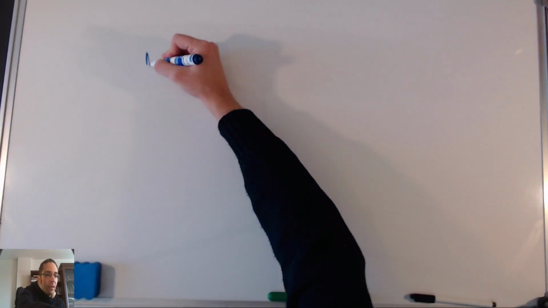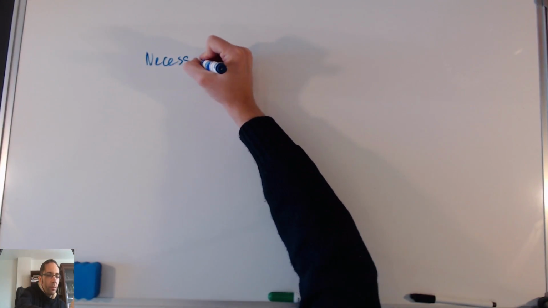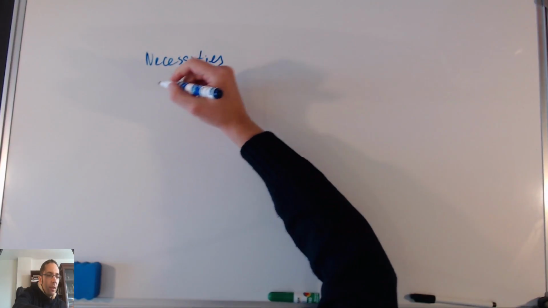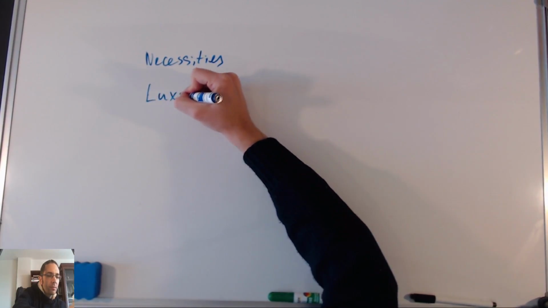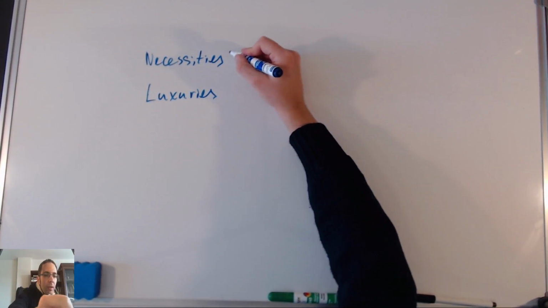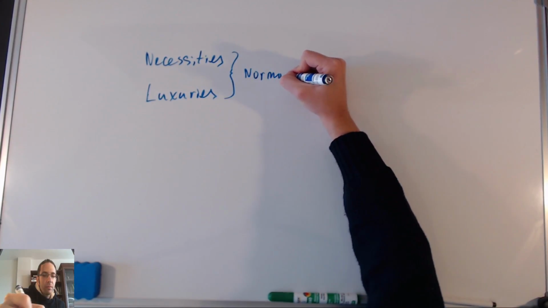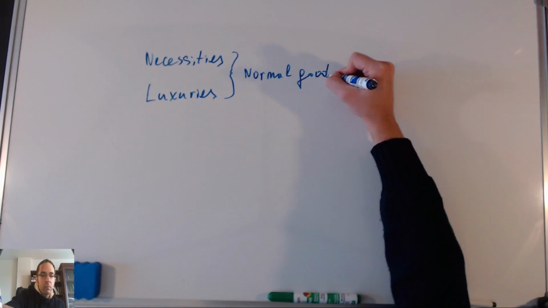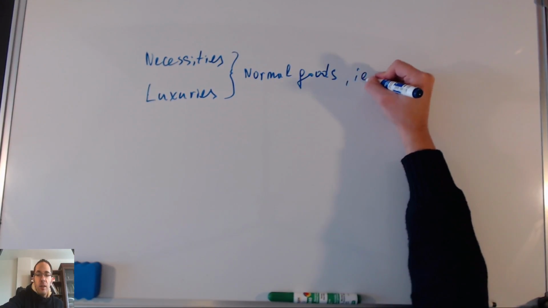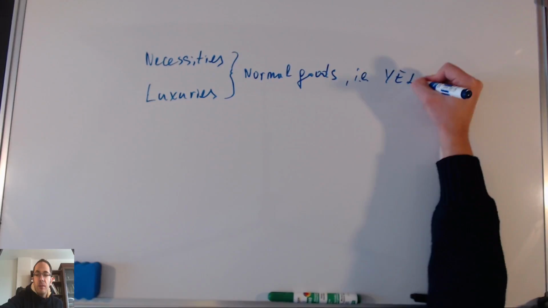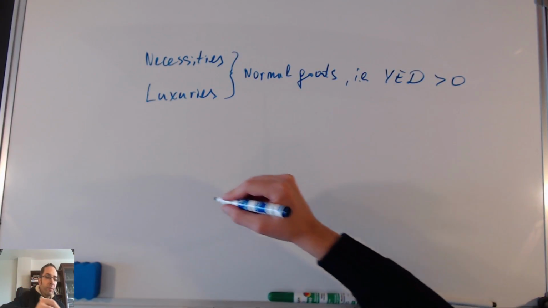So, necessities and luxuries are both normal goods, i.e. YED is greater than 0.